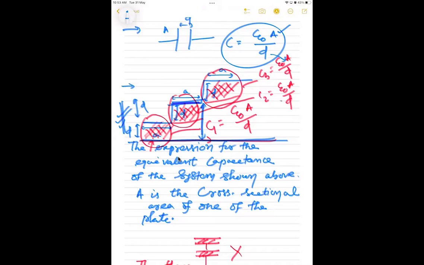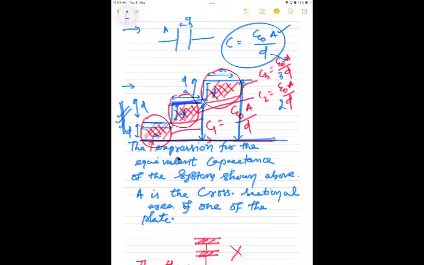Will it be D or 2D? 2D. Then again here, the distance is D, so the capacitance between this and the ground will be D or 3D? 3D. Understood how the confusion arises?